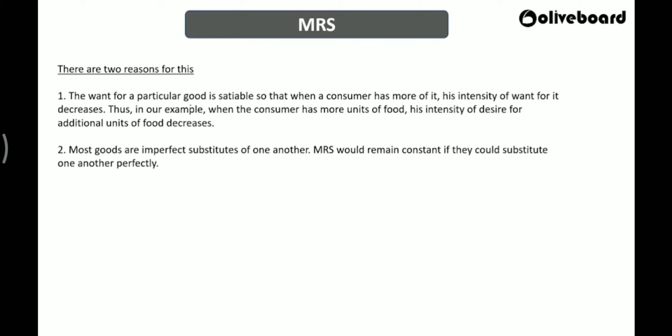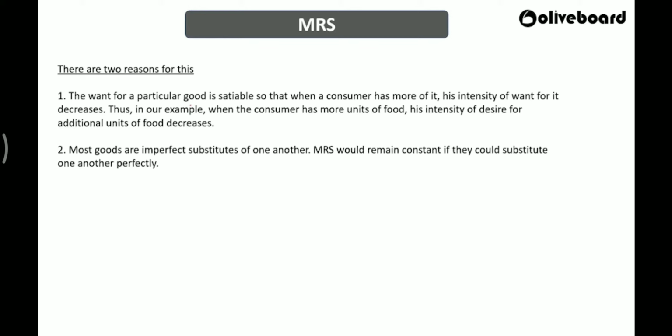So when you are getting the first unit, you will be ready to give however much you can. When you want it again, you will think, do I need to give away everything, because I have already had it. The intensity to have it again will decrease, because you keep on having more and more. That is human mentality.